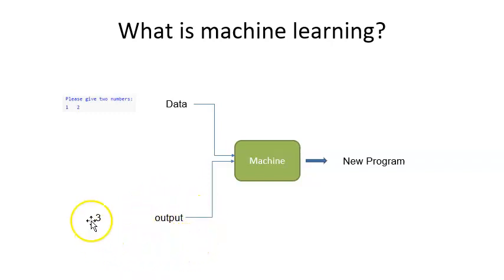For example, we want a desired output of 3. This information is given to the computer or machine, and we want the machine to deduce the process or procedures that convert the raw data to the desired output of 3. In other words, the machine will figure out the steps or new program. You can see, this is a reversed process when compared to traditional programming.